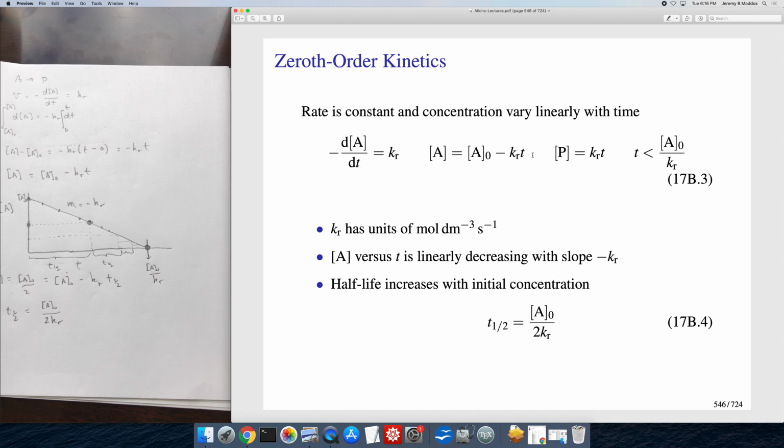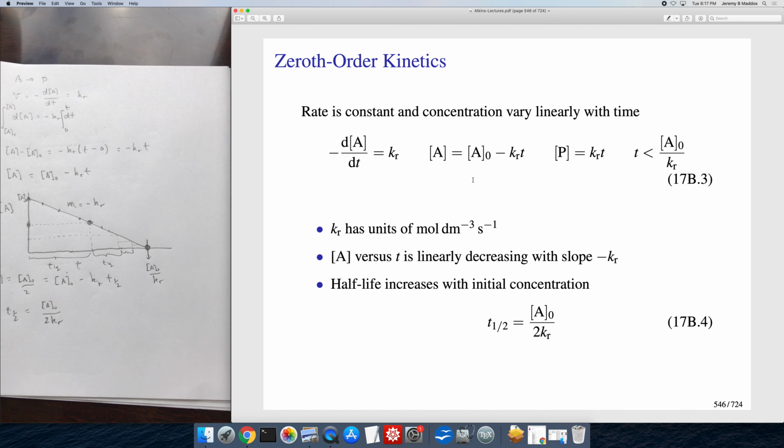I've shown you how to deduce from the rate law what the units of the rate constant are, and so those are given here, right? Since the rate has units of moles per liter per second, the rate constant also has units of moles per liter per second. I've already discussed the graphical aspect and derived the half-life formula.